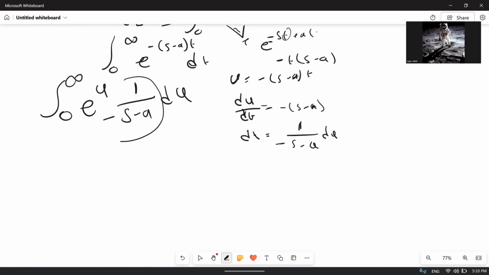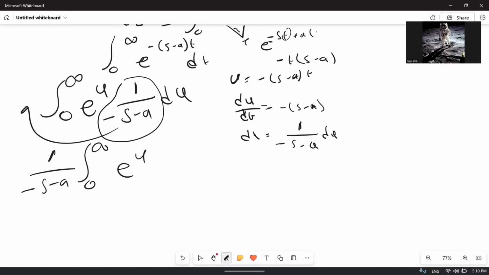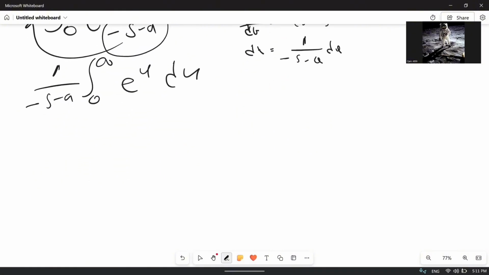We're taking this outside. It's a constant, so just take it outside. Then e to the power u du. Now we'll integrate. After integration, the integration of e to the power u is just the same. So it's going to be 1 over s minus a.